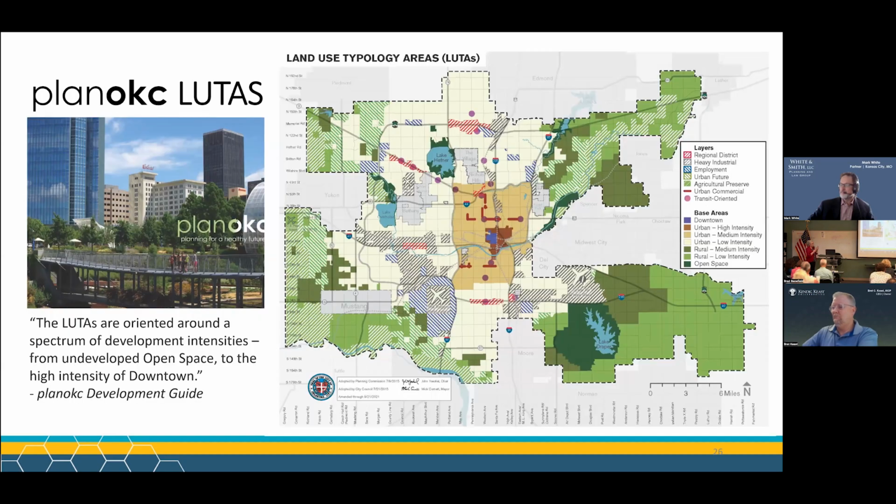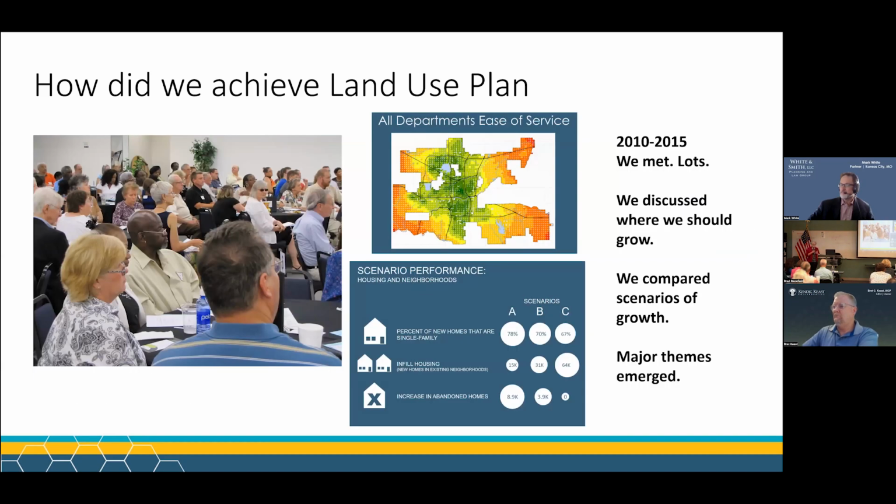So there was a lot of community outreach, focus groups. One of the main topics of discussion was this comparison of growth scenarios. We knew Oklahoma City was probably going to grow. What was the most efficient way for it to grow? Did it make sense to continue building an investment in undeveloped lands?